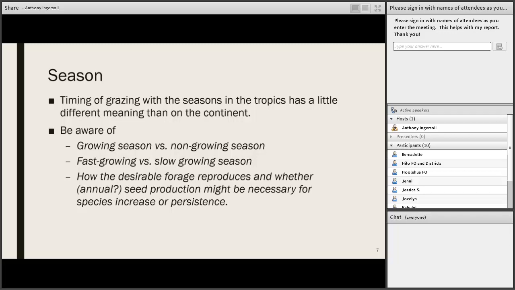That's usually driven by rainfall, although in some areas it's also affected by temperature and even day length. When you're considering seasonality and the season that you're grazing, also think about whether the desirable forages in the stand need to reproduce, and whether they are reliant on reproducing via seed production in order to increase the species in a stand or ensure its persistence.